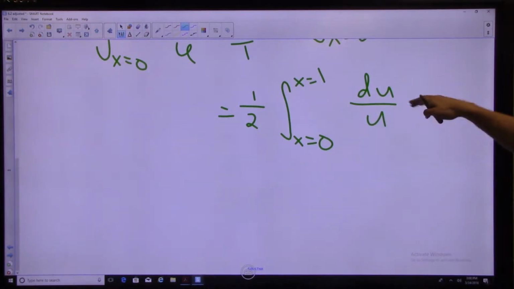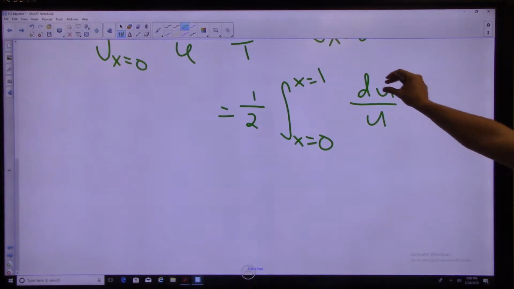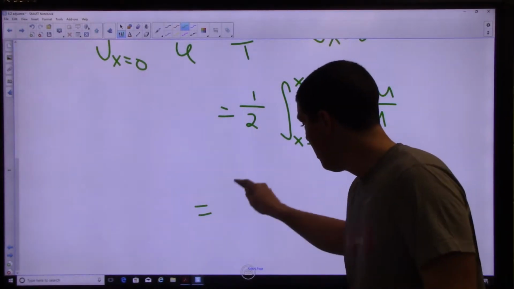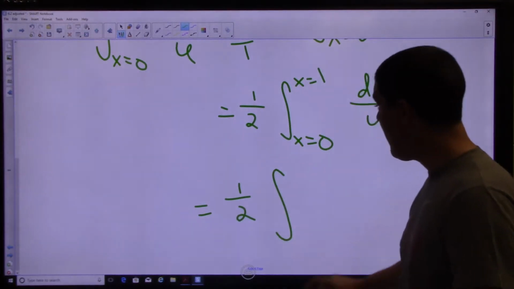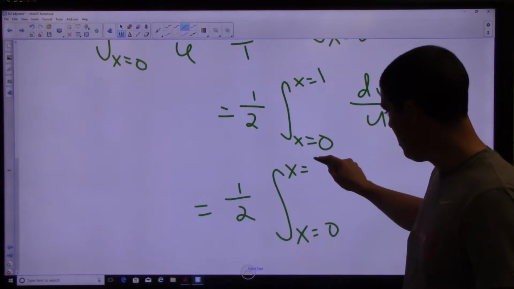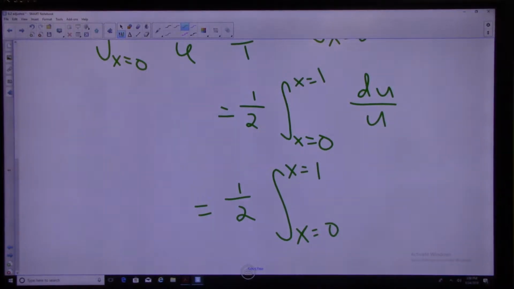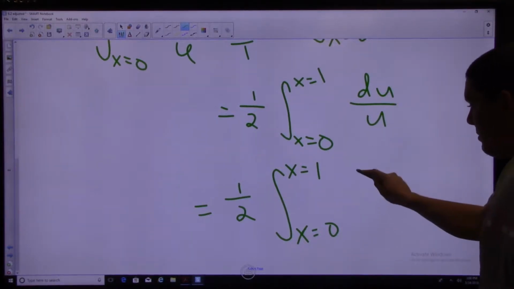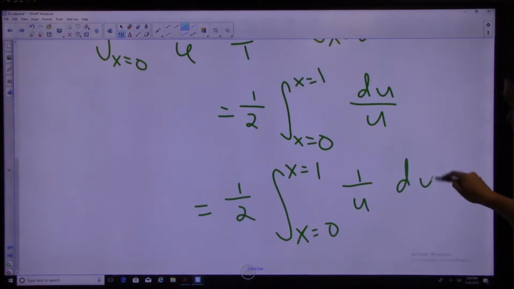And just to, hopefully this makes sense, if you wanted to, I could move that du back out, okay? Just properties of fractions, guys. So for example, isn't x over 2 the same thing as 1/2 x? So if we have du over u, that's the same thing as 1 over u times du.